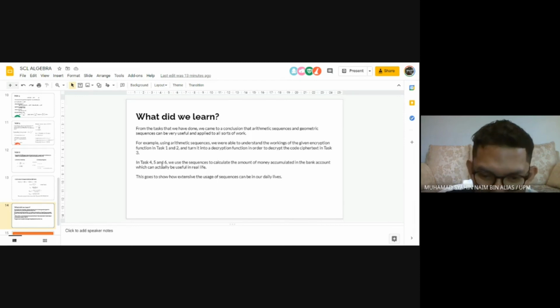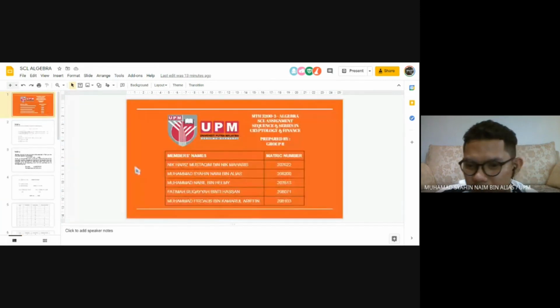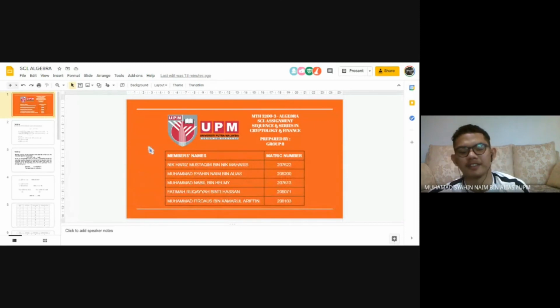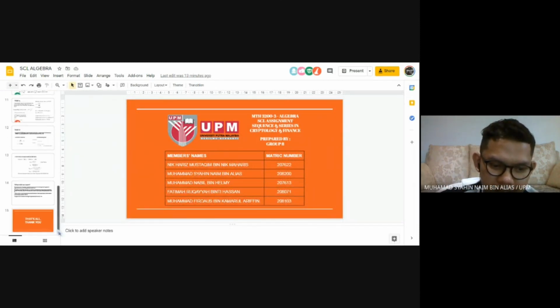And in tasks 4, 5, and 6, we used the sequences to calculate the amount of money accumulated in a bank account, which can be useful in real life. This goes to show how extensive the usage of sequences can be in our daily life, specifically in cryptology and also finance. So I think that's all from us, and thank you so much.